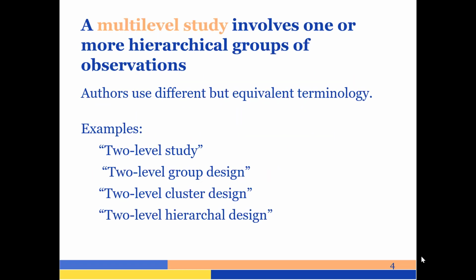A multi-level study is one in which groups of participants are defined along two levels. Again, as we mentioned, there is different terminology used to describe this, including two-level study, two-level group design, two-level cluster design, or two-level hierarchical design.